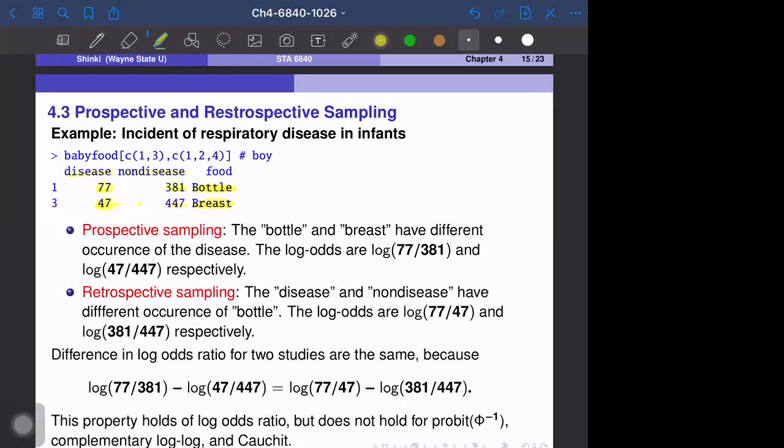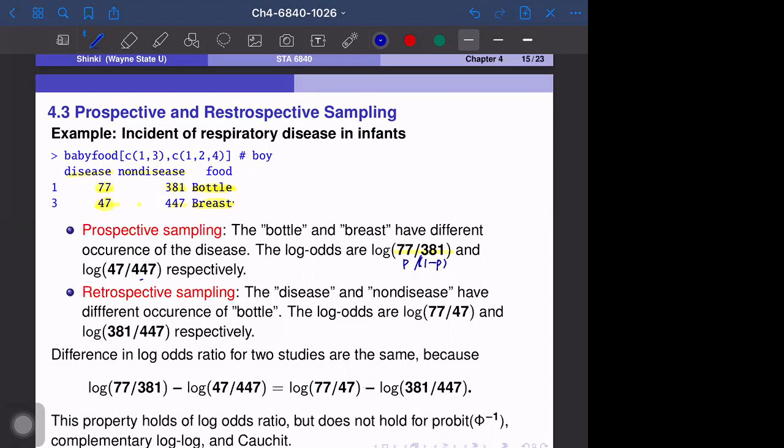So that is around 20%, so more disease. In this prospective setting, the log odds are log of 77 over 381. This is a kind of p over 1 minus p. And for the second group, the breast group, it is 47 over 447. So the difference is the effect size.